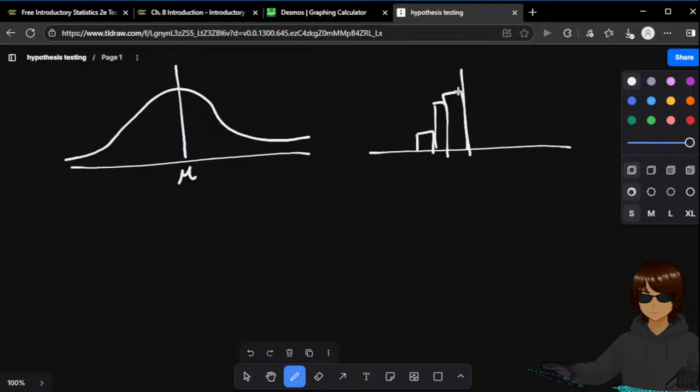We are collecting averages. Maybe like this, like this. We're collecting averages. Our x bar is supposed to be within 0.2 units of mu, right?